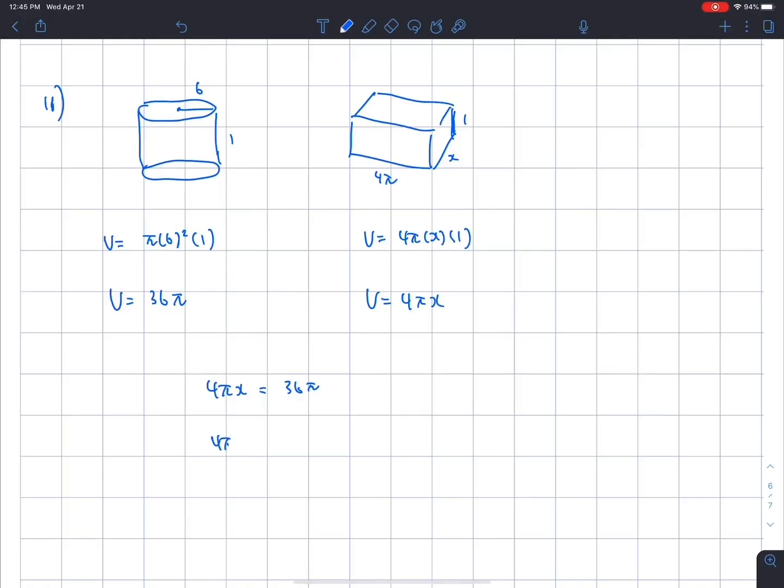To find x, I can just divide both sides by 4 pi, and I get x equals 9. Therefore, the width is 9 centimeters because everything is in centimeters in this case.